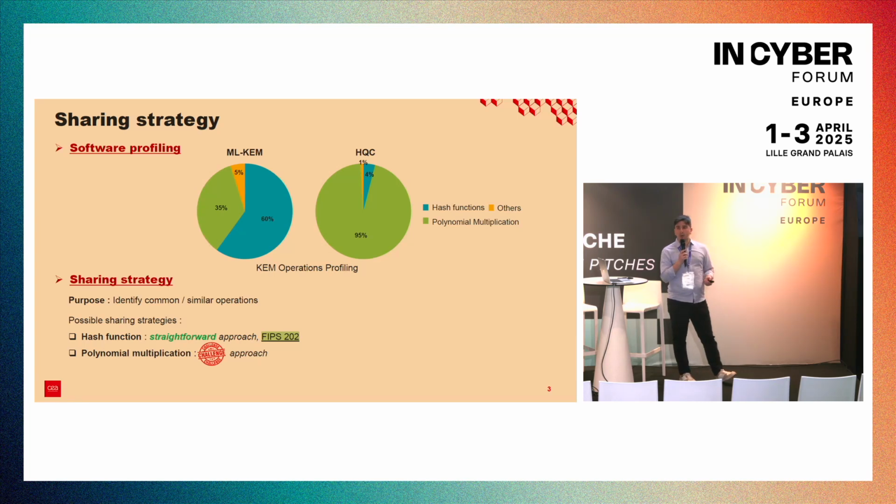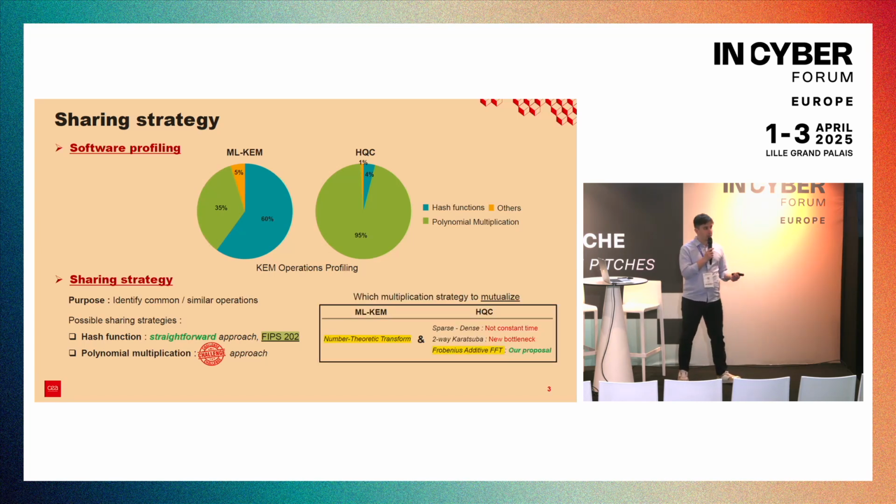So our proposal is to introduce an alternative operation, called the Frobenius additive fast Fourier transform, which we will use to perform the multiplication in HQC.